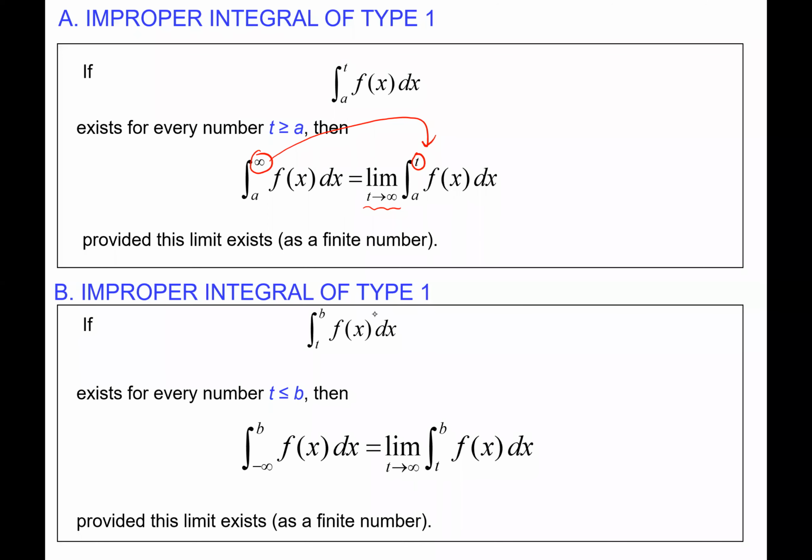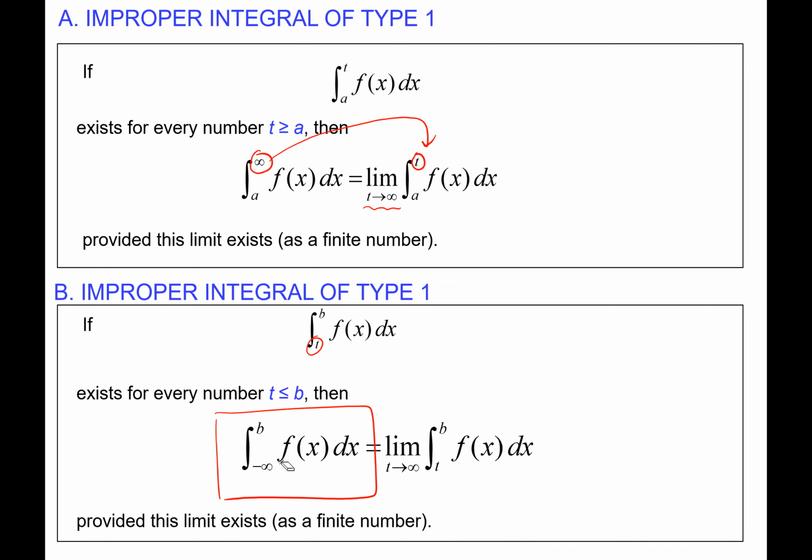Or we may have, you may notice t is on the bottom, the same situation at negative infinity. That's when we may have an integral of the function f of x dx defined on the infinite interval from negative infinity to b, and we would like to check how this behaves.